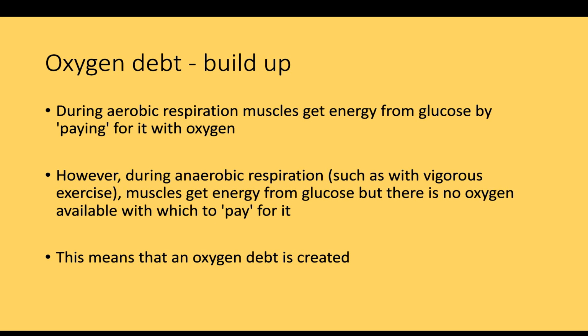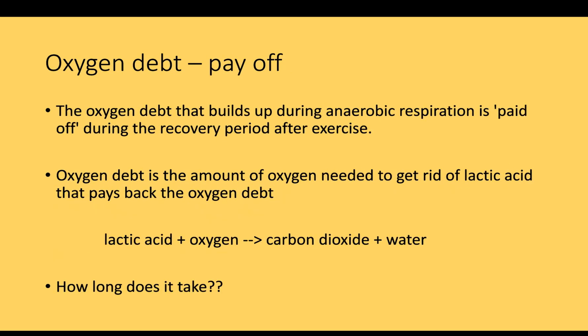In a 100-meter sprint, a sprinter probably won't even take a breath during those 10 seconds. They are relying solely on the oxygen that they already have in their body and the glucose that is there already as well. So they build up very quickly an oxygen debt, that then needs to be paid off.